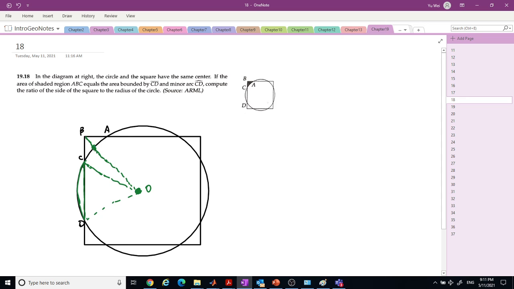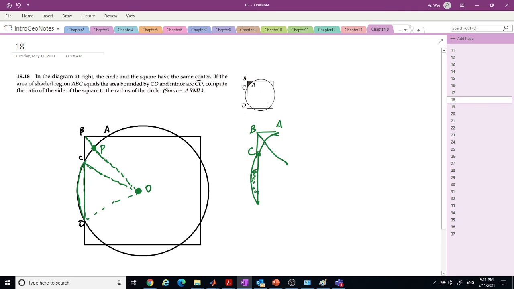Here, let me notate this point as P. You can see the area of BAC is equal to the area of CD, right?